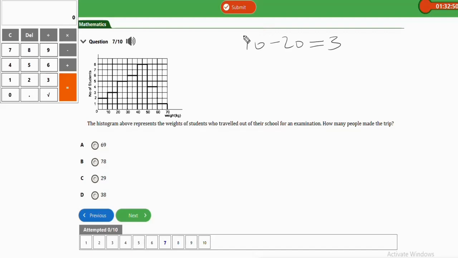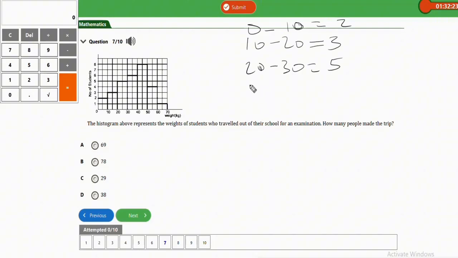Okay, so let's include those weighing between 0 to 10. We have the number to be 2. Alright, then those weighing between 20 to 30, we have the number to be 5.